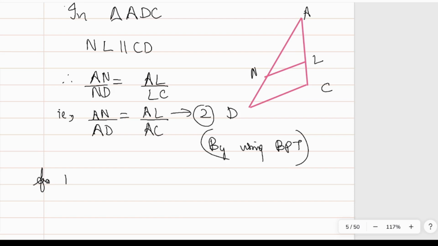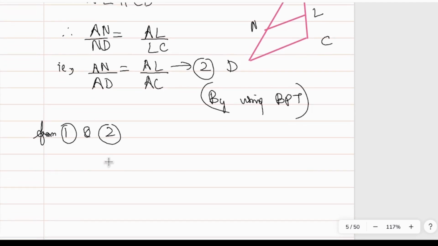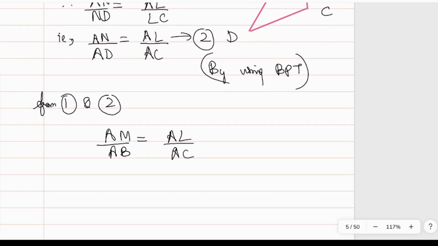From 1 and 2, what can I write? 1 says what? AM by AB equal to AL by AC, and 2 says that AL by AC equal to AN divided by AD, right?